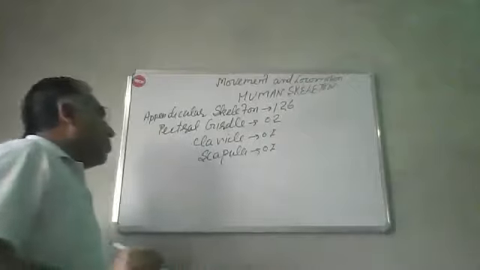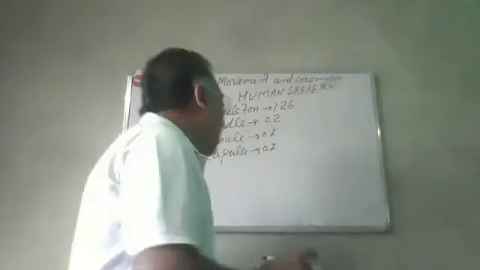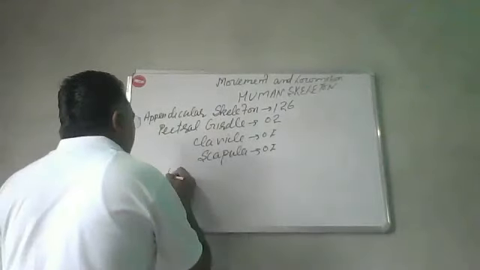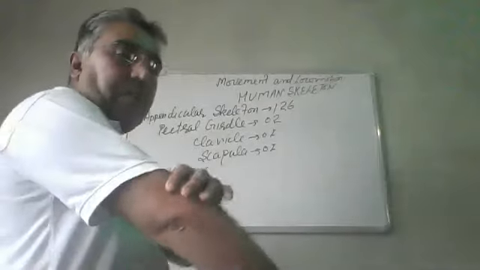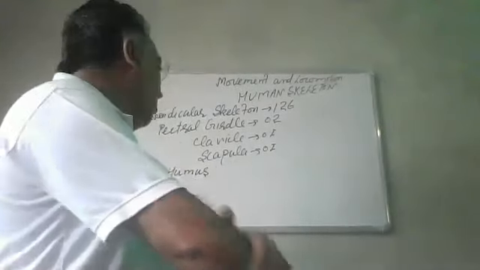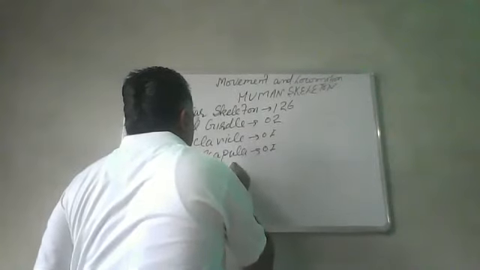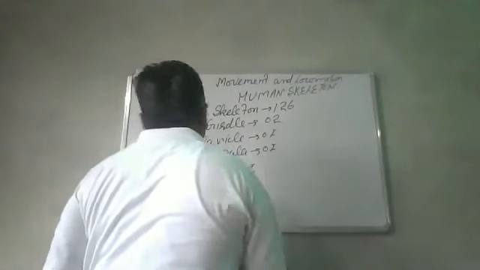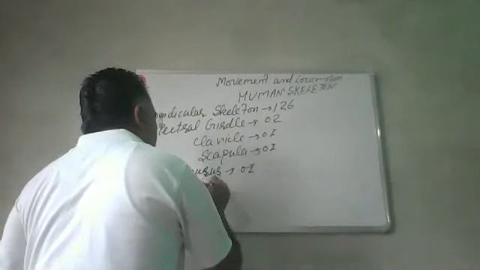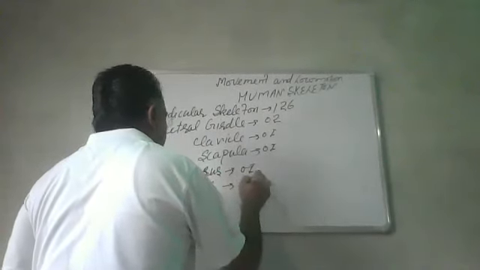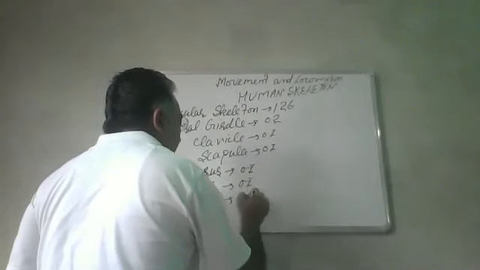These are the 2 bones in the pectoral girdle. After that, you have to start the arms. In arms, first is the upper arm bone, that is known as humerus. Humerus is 1. After that, radius is 1, ulna is 1.